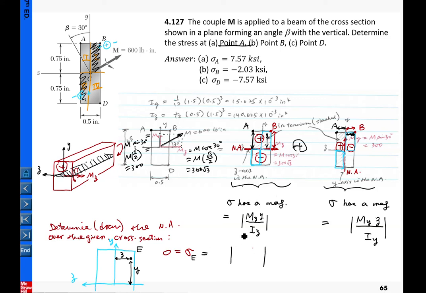For the first subsystem, that is MZ, and Y is the coordinate from E to the neutral axis, which is given by the y coordinate here. We don't know the y yet, but here I just symbolize it, and this is the IZ.